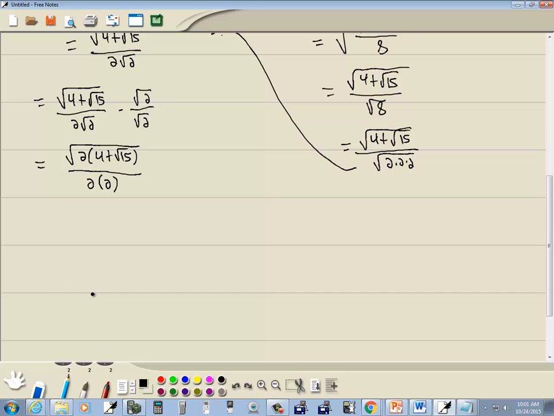So then I'll multiply that through up on top. 2 times 4 is 8, and 2 times square root of 15 is 2 square root of 15. The square root is right on the top. So we got the square root of (8 plus 2 square root of 15) all over 2 times 2, which is 4. And that would be our answer.